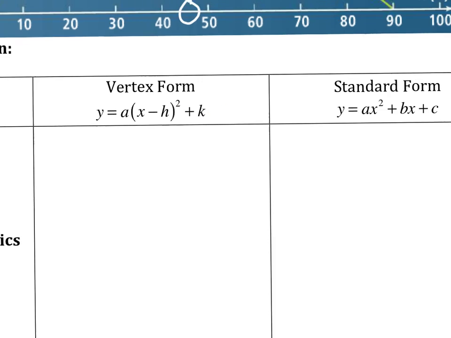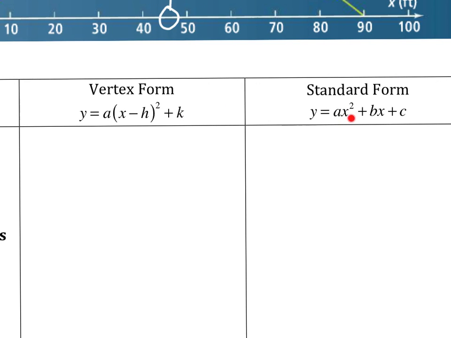And then standard form is y equals ax squared plus bx plus c. To get from here to here, if you were to multiply this out and then distribute the a, etc., you would get to that there. So we can convert between forms, which we won't do at this time. We'll look at those later.